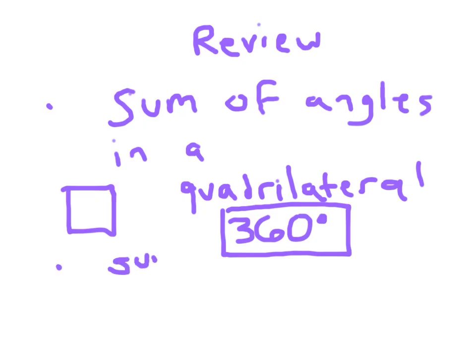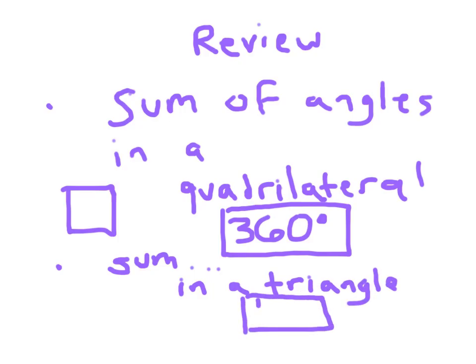Sum of angles in a triangle, then, is what again? 180 degrees. Knowing these two facts here, you are able to figure out missing angles, whether it's in a quadrilateral or in a triangle. Just do that math carefully.